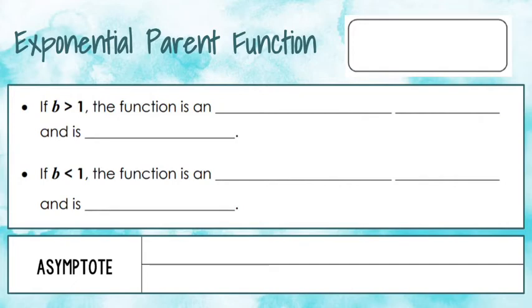So the exponential parent function is f of x equals b to the x power. And b can be any number. If b is greater than 1, the function is an exponential growth and is increasing.